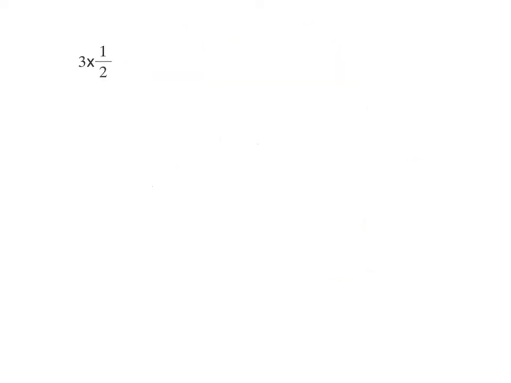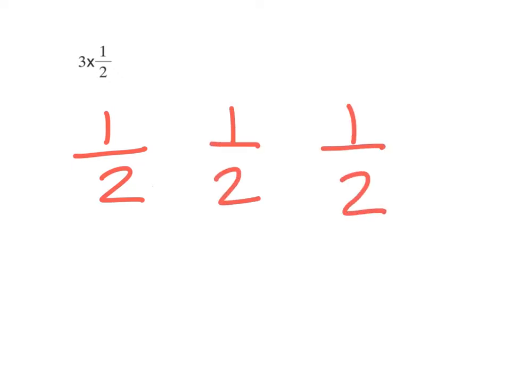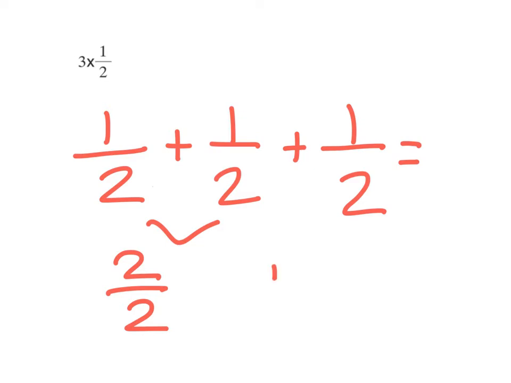Okay, let's get rid of the oranges and see if we could prove that strictly using numbers. 3 groups of 1/2 would be 1/2, 1/2, and 1/2. So these 3 groups, if I add them together, I will get 1/2 plus 1/2 equals 2 halves plus 1/2.